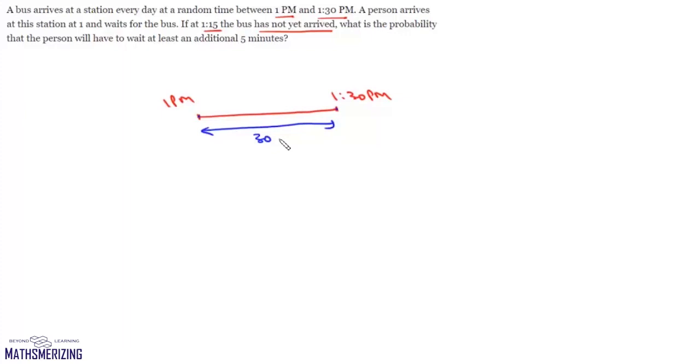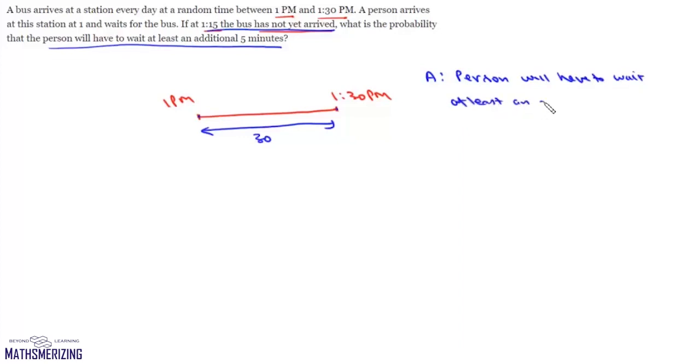Now here we need to find the probability that the person will have to wait at least an additional 5 minutes if it is given that at 1:15 the bus has not yet arrived. So we'll define two events. Event A is that the person will have to wait at least an additional 5 minutes.